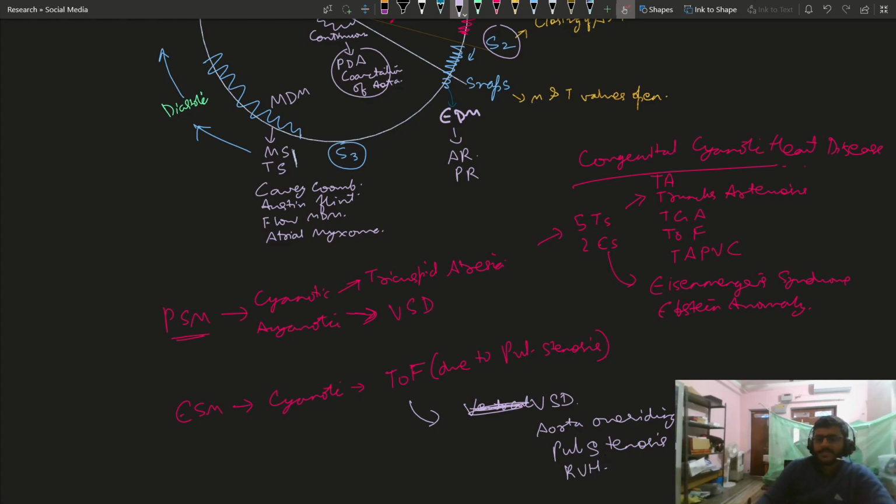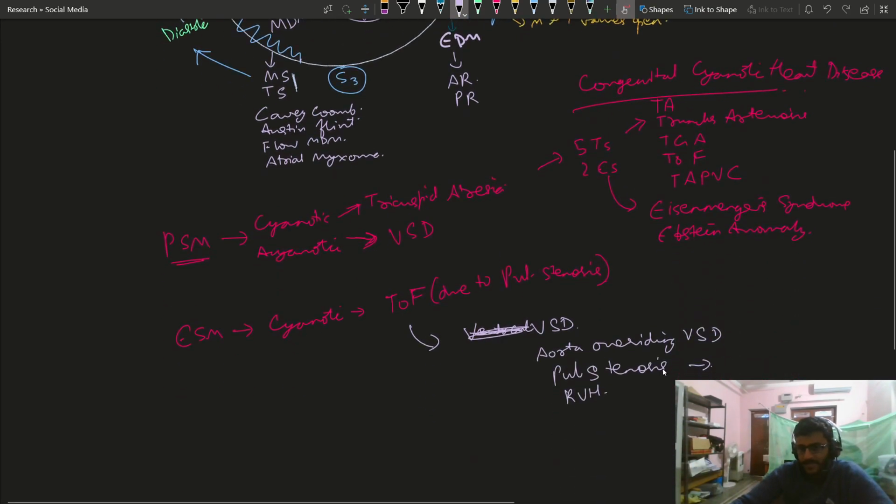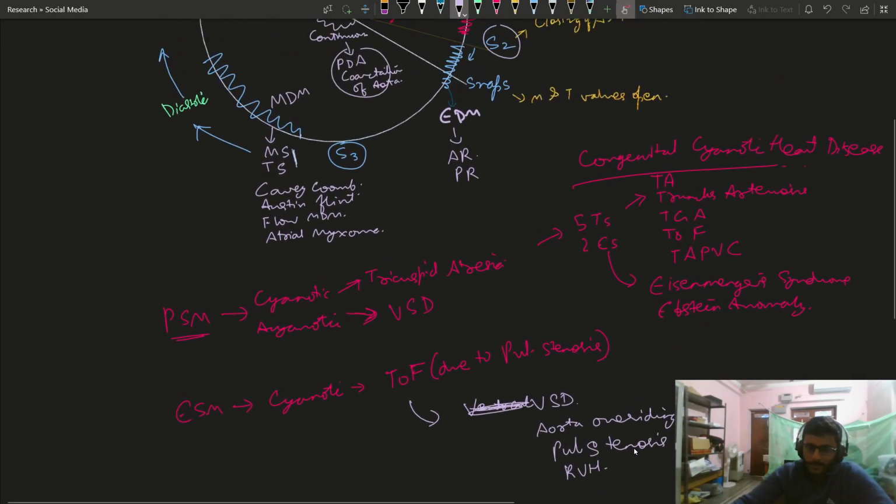So pulmonary stenosis will, of course, reduce the amount of blood going to the lungs, and the baby is going to end up being cyanotic.